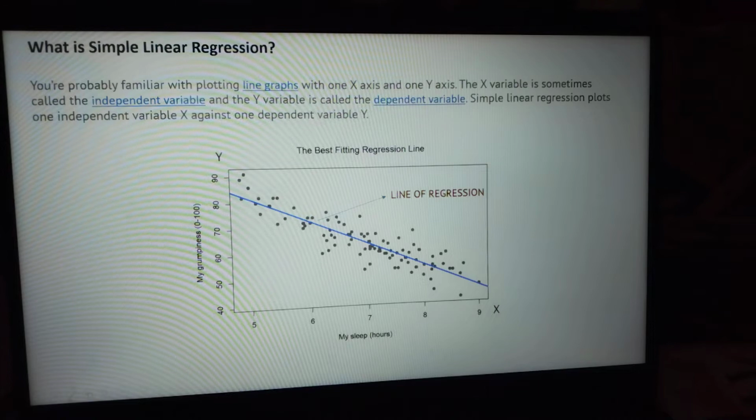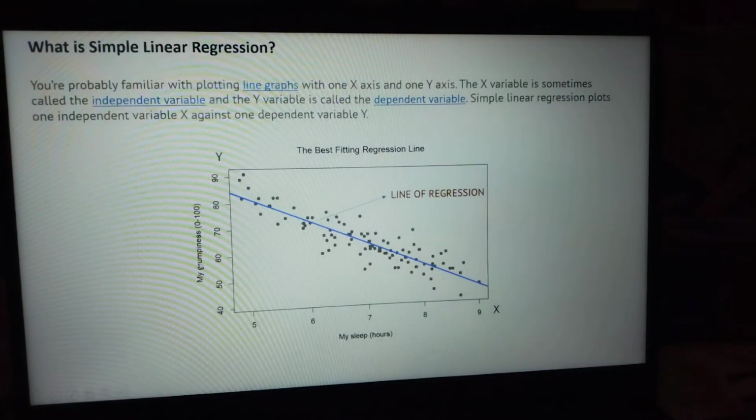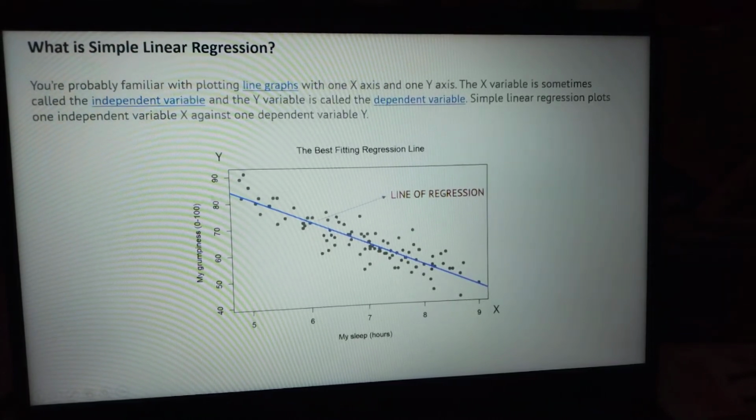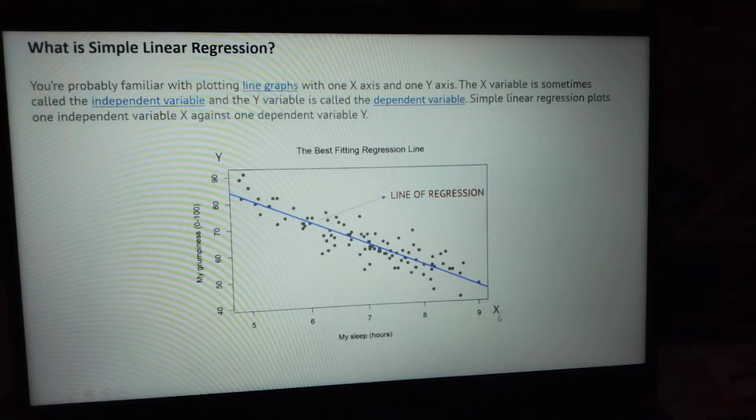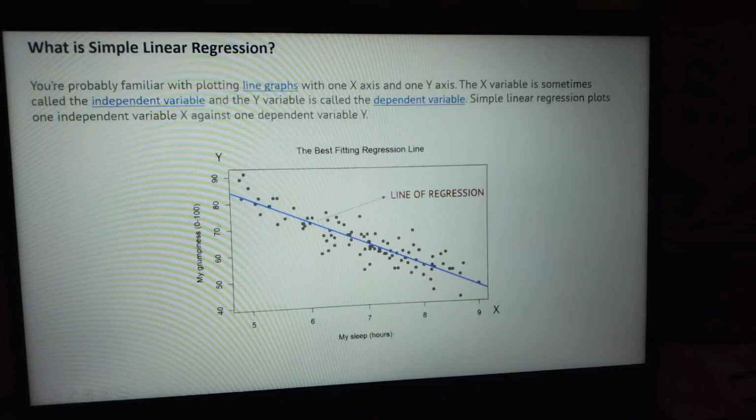That not-good-mood condition is known as grumpiness. This grumpiness is denoted on the y-axis. So y is the dependent variable. My grumpiness is the dependent variable, which is dependent on which variable? My sleep hours. So the x-axis shows the independent variable and the y-axis shows the dependent variable.